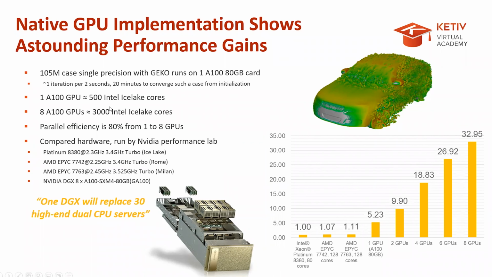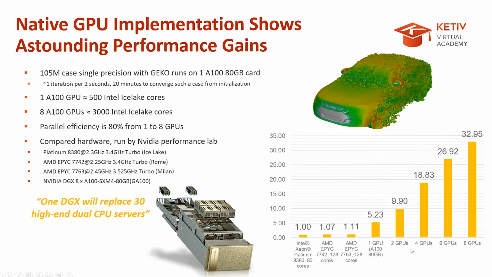So if you're looking for equivalency, one A100 GPU card is roughly equal to 500 Intel Ice Lake cores, which is great, right? I mean, if you look at the parallel efficiency, it's almost 80% from 1 to 8 GPUs. So even in terms of scalability, it scales pretty well as you keep stacking on these GPUs.